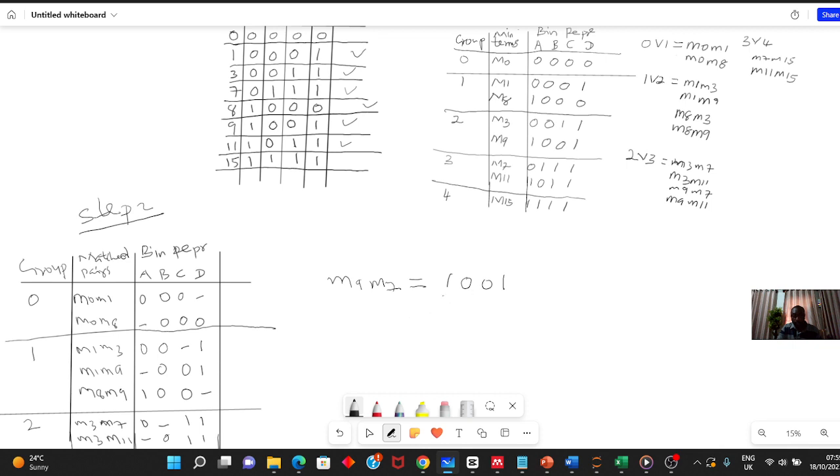M7 is given to be 0, 1, 1, 1. Right? So we can see we have more than one bit changing with this. So M9, M7 will be discarded.